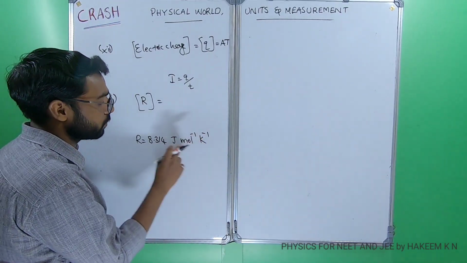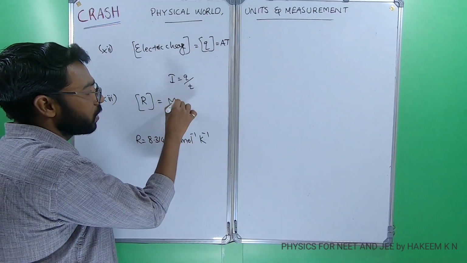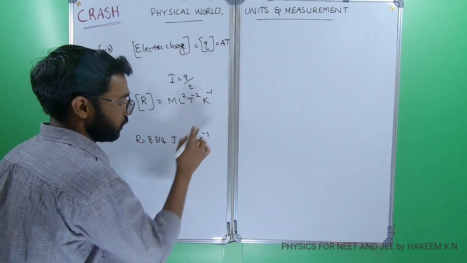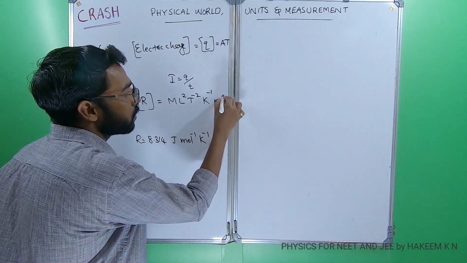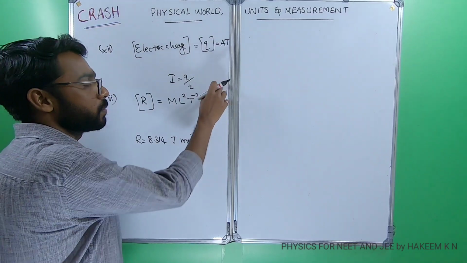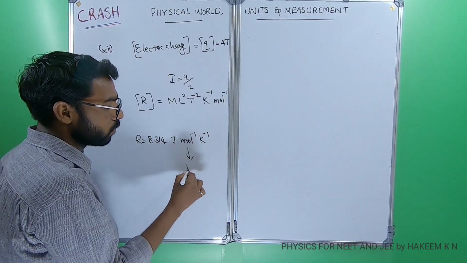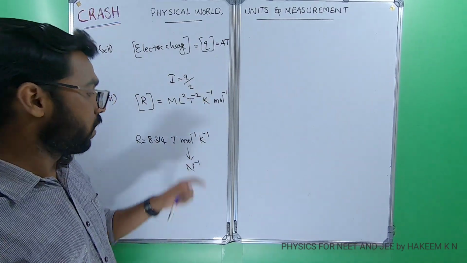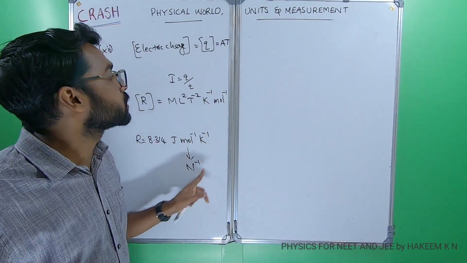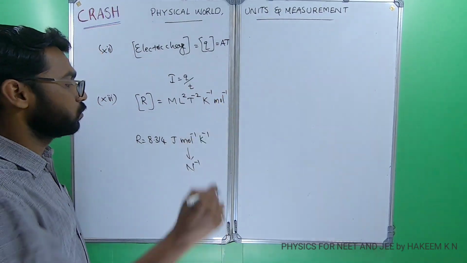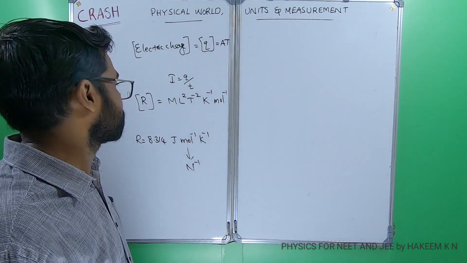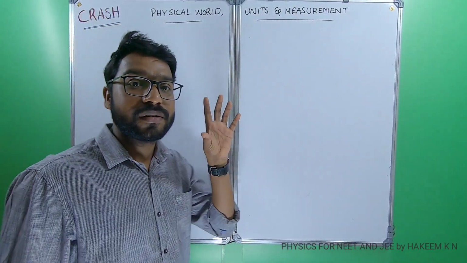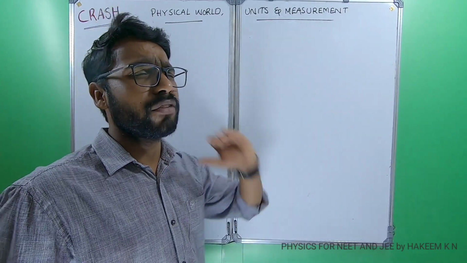For joule we write ML square T power minus 2, for temperature K power minus 1, and for mole we write mol power minus 1, or instead of mole you can write capital N. So in the dimensional formula you can write N power minus 1 or mol power minus 1 to represent amount of substance. But by studying all these 13 dimensional formulas, you can find the dimensional formula of any quantity in higher secondary physics.